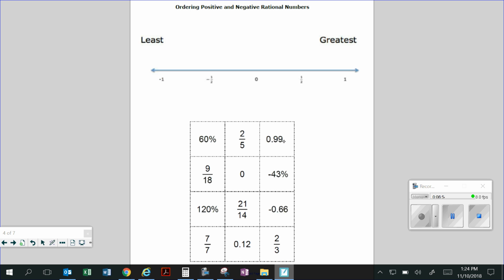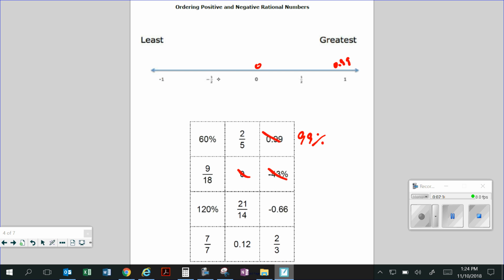So 99/100 is like 99%. So that would be closer to right here. 0 is right here. Negative 43%. Negative half is negative 50%.